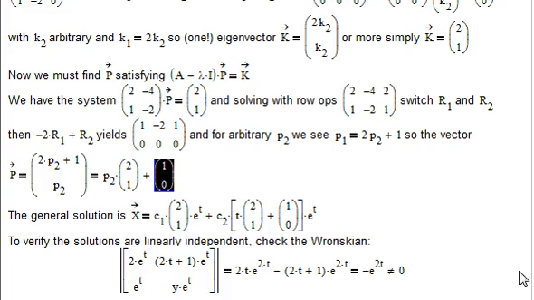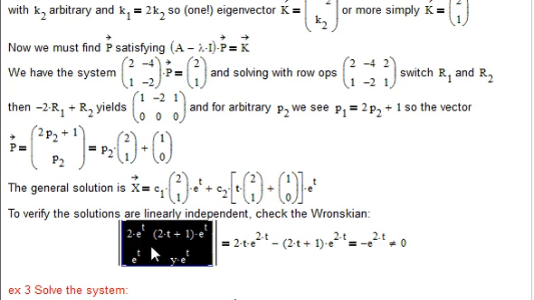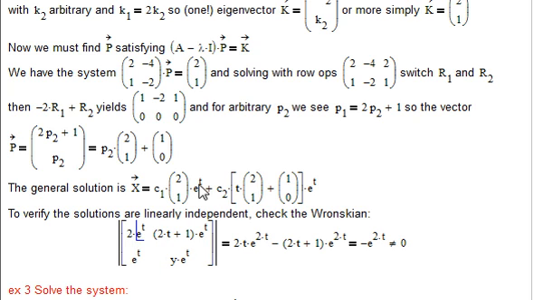And now, if you notice, if we do the Wronskian on that matrix, we'd have 2 e to the t here, we'd have 2t plus 1 e to the t here, we'd have e to the t here, and we'd have t e to the t here. I don't know why that's a y, it's supposed to be a t. Okay, got it.